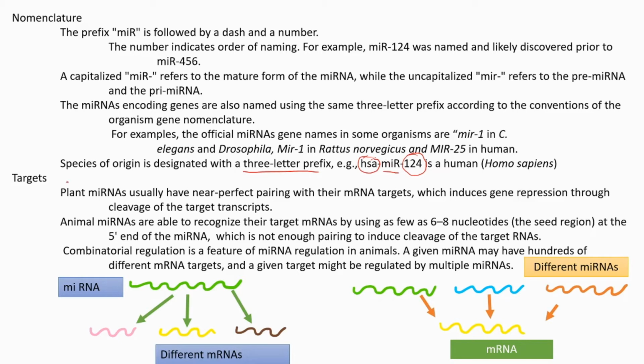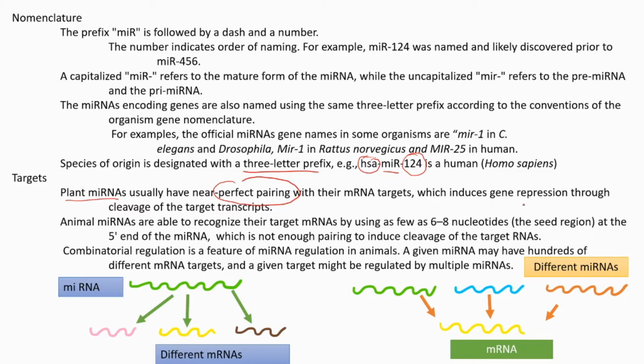Then coming to targets: on which mRNA, and in what way it interacts with the mRNA, that I am going to tell you. When coming to plant miRNA, it can form a perfect pairing with the mRNA that has a complementary sequence to this miRNA.